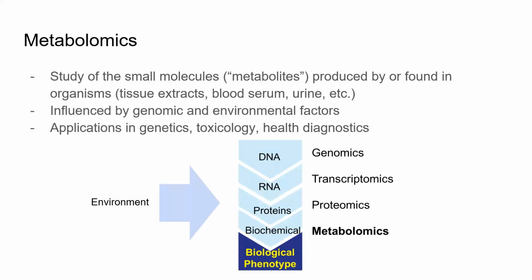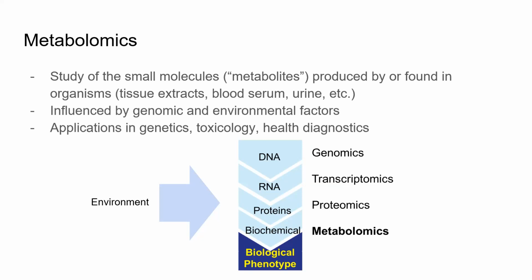So what is metabolomics? Metabolomics is the study of small molecules that are produced or found in organisms. You can analyze different parts of the organism, so tissue extracts, serum, urine, and so on.